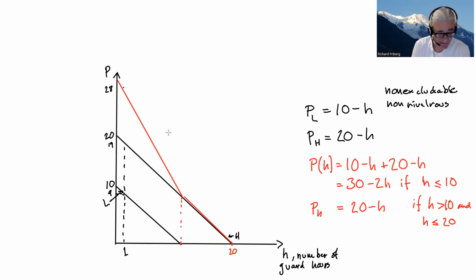Okay, so the market willingness to pay is what we've drawn in red. Okay, so this is the combined market willingness to pay for this public good. So we're summing demand curves vertically.